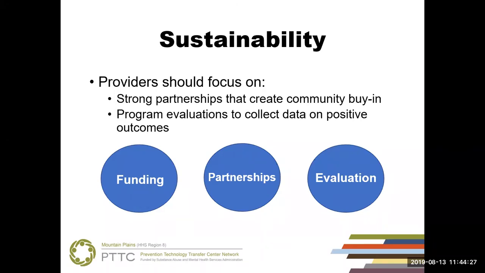So planning for sustainability for me as a provider is about focusing on those strong partnerships that create community buy-in and demonstrating our positive outcomes over time through an evaluation process. Sustained positive outcomes demonstrated through data is the best way to continue to fund programs, especially when it's backed by community enthusiasm and active participation. A provider can take those results and then move to other funding streams or find creative ways within the community to fund those programs.